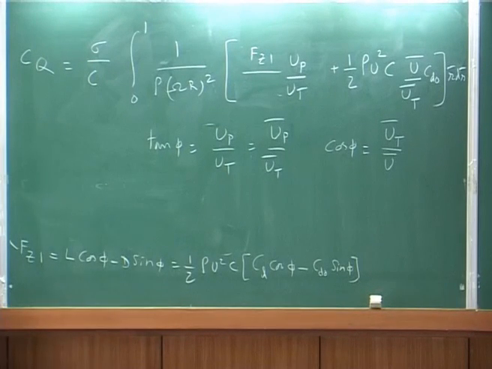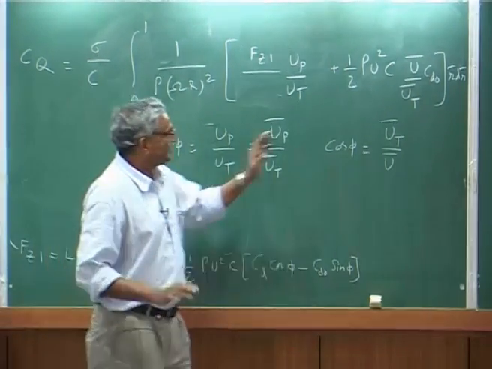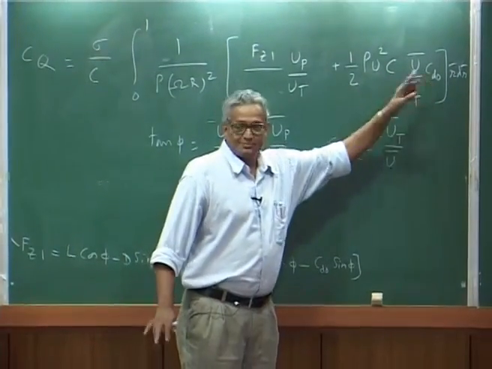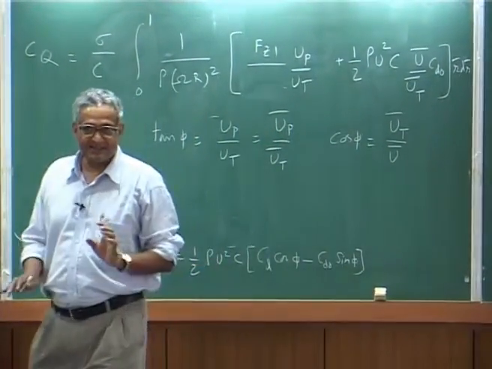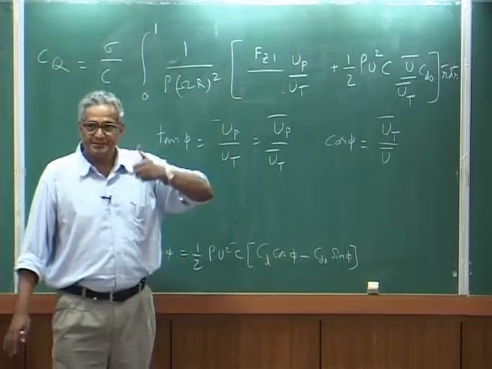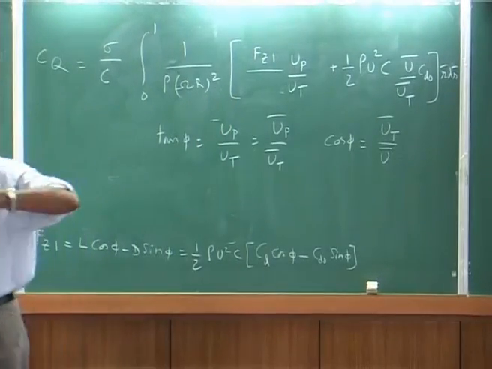You can put a bar, it does not make any difference; finally you will find that it will get nicely cancelled and come into a nice clean form. Now, this is the torque. If you see, it has two components, one is due to the profile drag C_D0, another one is due to the thrust part, okay.